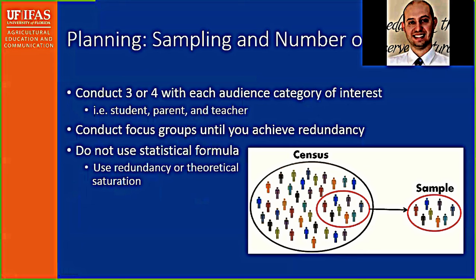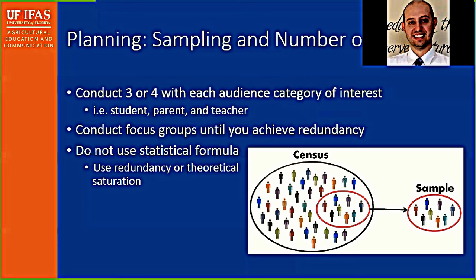The basic strategy is to conduct 3 or 4 focus groups with each audience category that's of interest to you. We mentioned this a little bit earlier, but now you can give some detail on why that is. So if you want to evaluate a special education program and want to compare student, parent, and teacher reactions to the program, you might plan 3 or 4 focus groups with students, 3 or 4 focus groups with parents, and 3 or 4 focus groups with teachers.